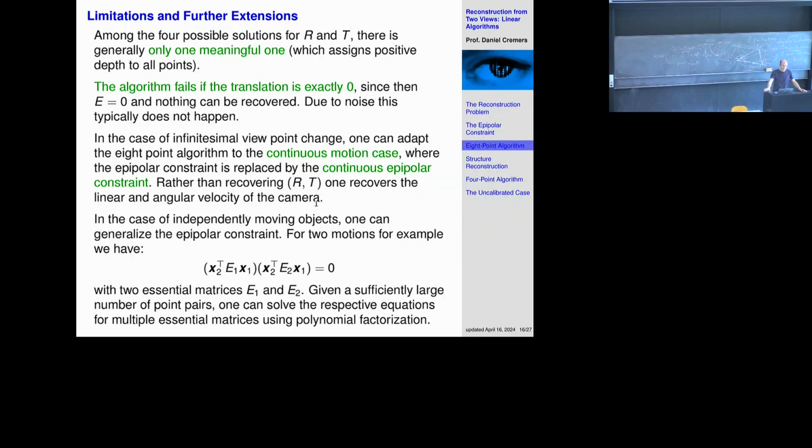This algorithm fails if the translation is exactly 0. So if you take a camera and only rotate, then it's hopeless. Why? Because then the essential matrix will be 0, right? T hat will be 0, and hence E will be 0, everything will be 0, and you don't get anything out. But then if you think about it, if you have a camera that only rotates, how would you ever want to estimate 3D structure?